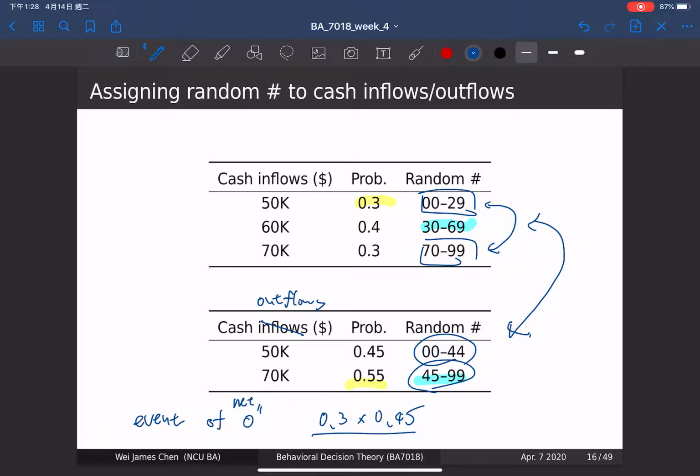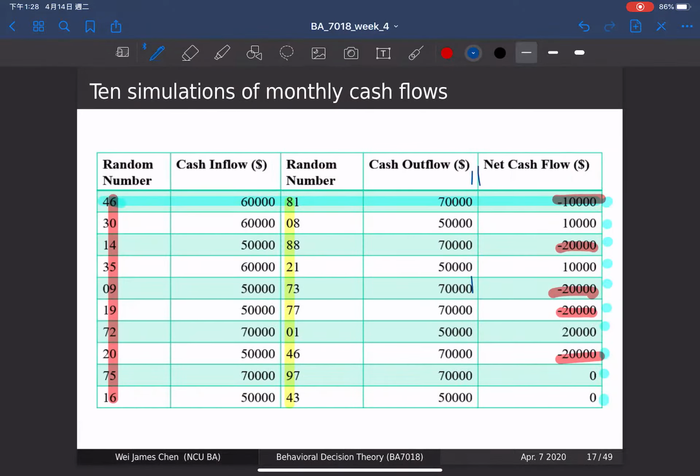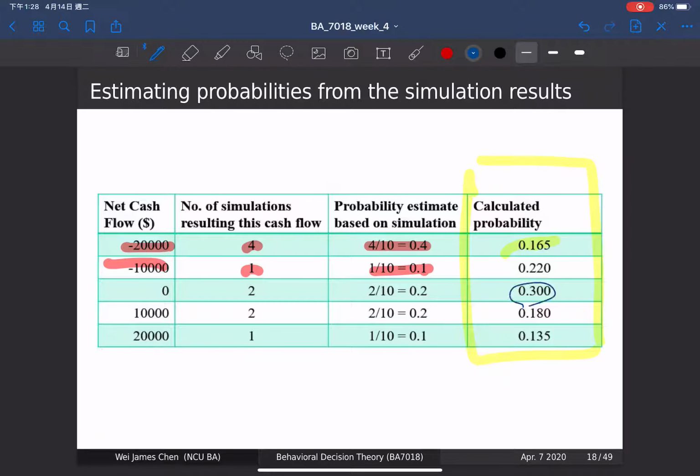This is the first case, where you get 50k and 50k, inflow and outflow. And there's one case where you get 70k and 70k, inflow and outflow. How do we calculate the probability that you get an event of 0? How do we combine these 2 probabilities? You add them, yes. I just want to make sure you guys understand, okay? So if you add them, again, I didn't do the calculation, but I guarantee that's going to be 0.3.